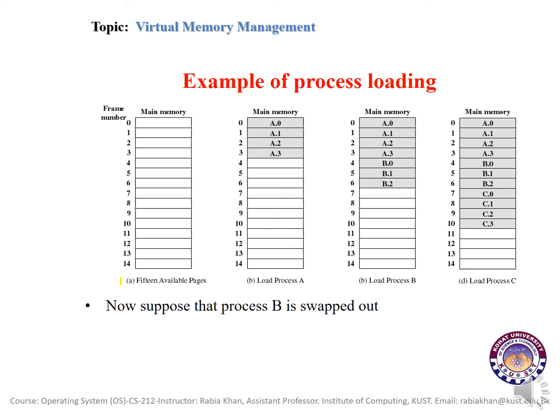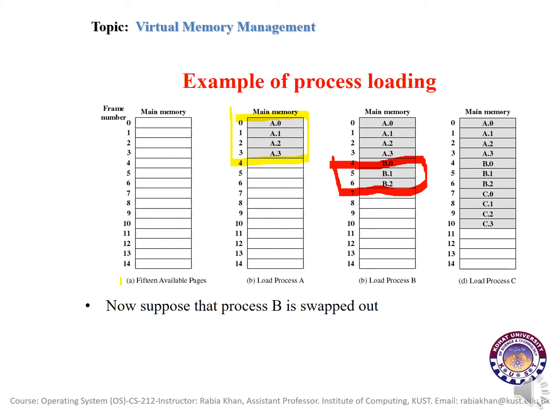You can see here. All the 4 free frames are occupied by the 4 pages of process A. Then comes process B, and it has 3 pages which are loaded in frames number 4, 5 and 6, as you can see in the diagram.